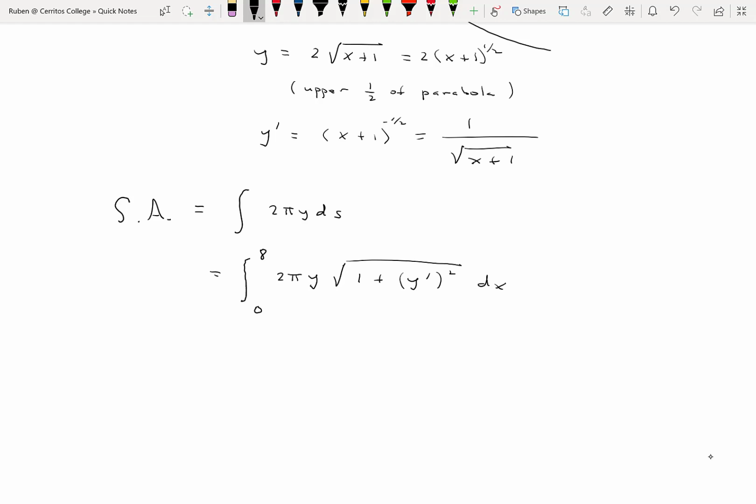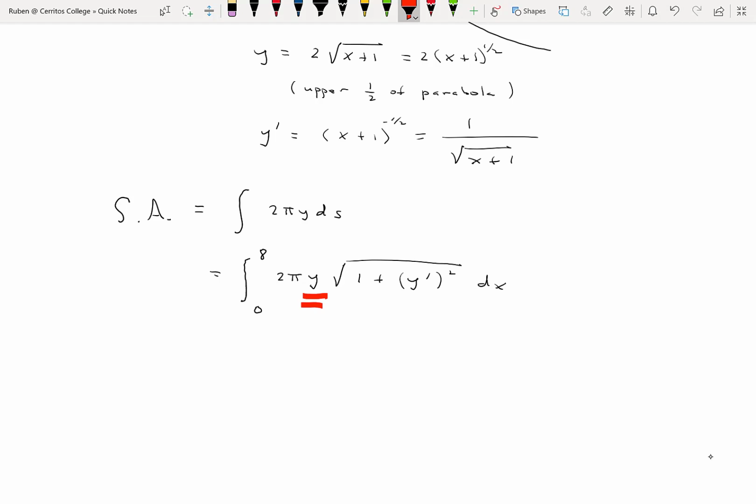Okay. Now, we're going to have to substitute a couple of things in this integral. First, the y prime that we just found, and then notice that we have 2 pi y. I'm going to need to substitute the original function in there because I'm integrating with respect to x. If I chose, and you should listen very carefully here, this will come up again in about 10 minutes, if I chose to use the form of ds that integrates with respect to y, then I wouldn't do anything with that y.